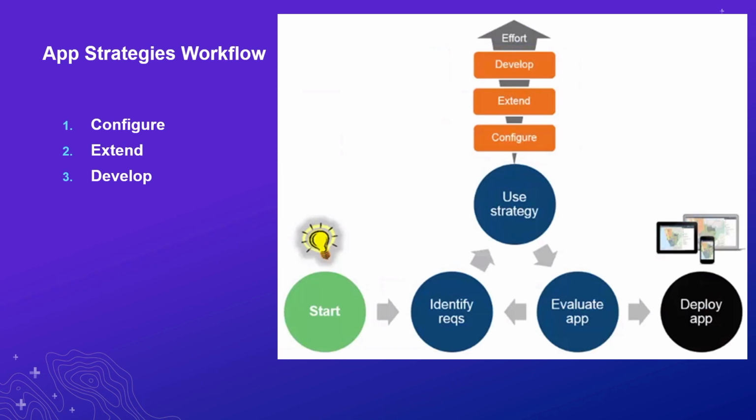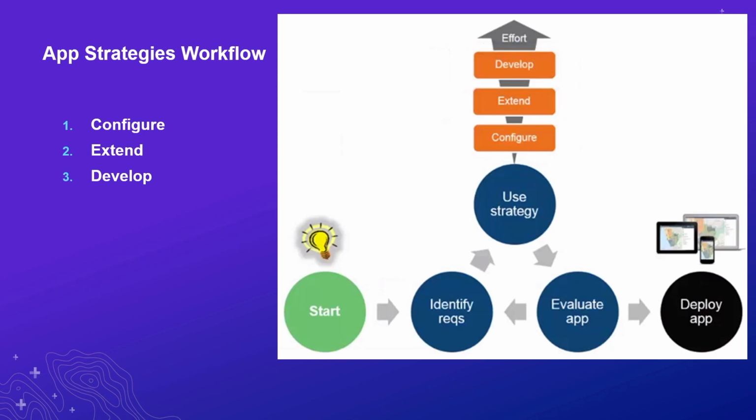In that case, you're looking at the third strategy, developing an app from scratch. This is the most effortful strategy, but by now everybody on the team should have a clear, consistent understanding of the design and requirements for the app. And you may also find you can repurpose some of the code created during the extend strategy.